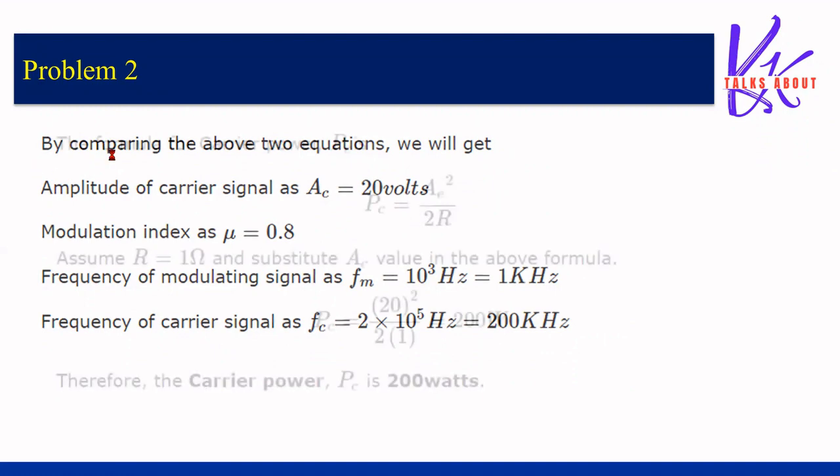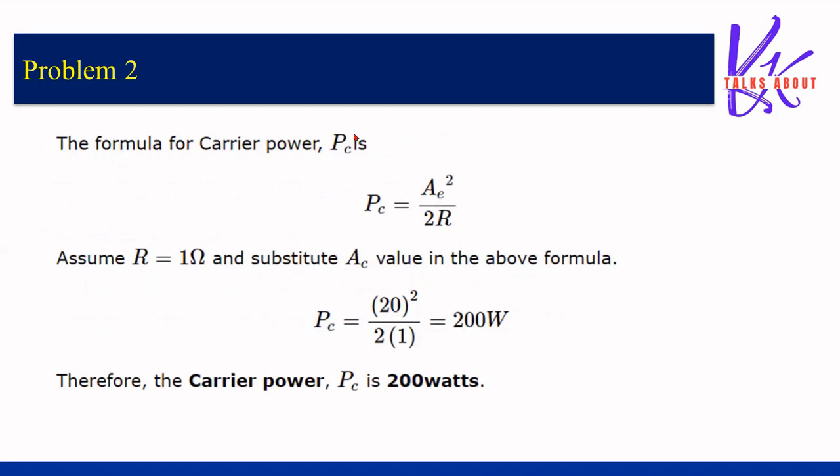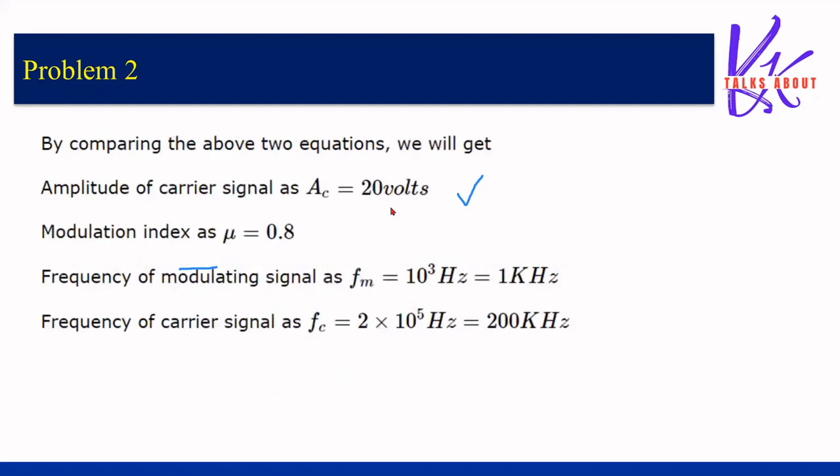So let us proceed. As we know, the formula for the carrier power, already we have seen, is Pc is equal to Ac square by 2R. Assuming that resistance is 1 ohm, we have got from the previous equation the Ac value as 20 volts, and we are going to substitute.